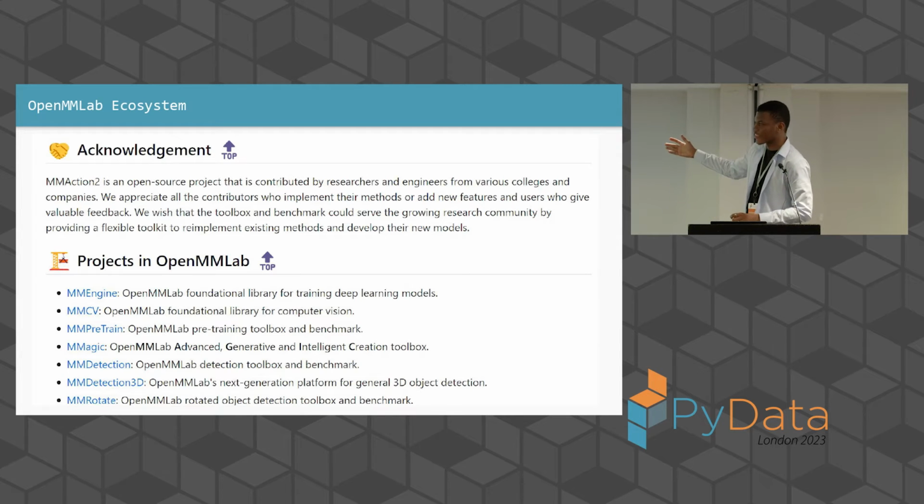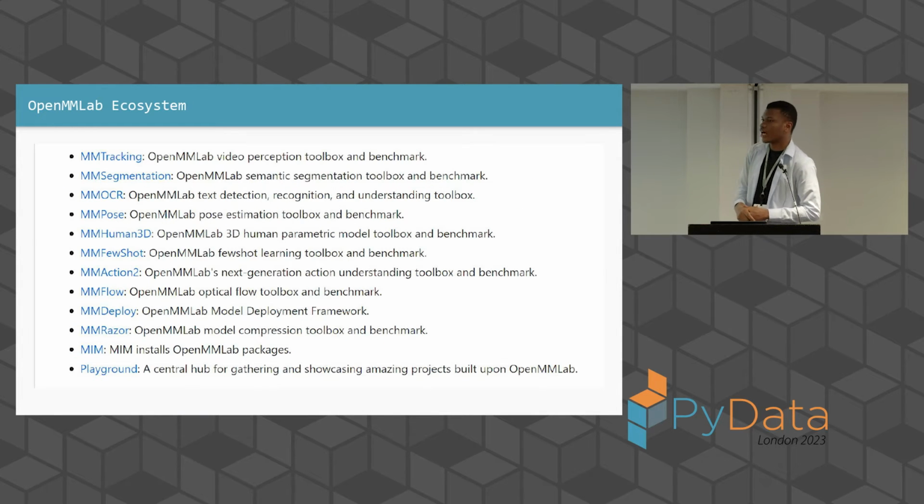So this is just a screenshot, and what I'm hoping to point out here is it's not just the MMAction2 library. They also have other libraries in the ecosystem. So MMEngine, for example, or MMDetection, MMSegmentation, MMOCR, which you could use for text detection, MMPose for pose estimation toolbox, MMAction2, which is being used in this tutorial.